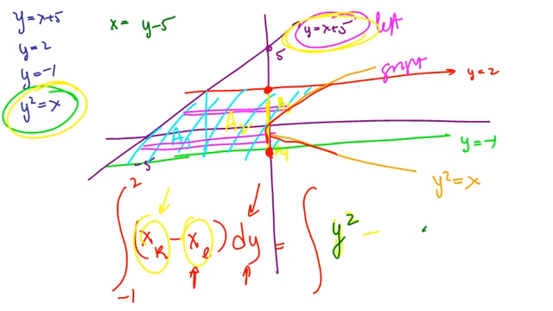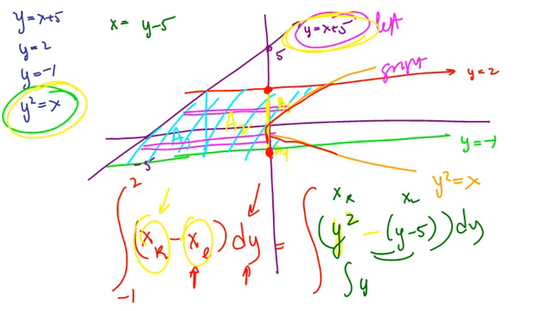Not x minus 5, y minus 5. So here's the right bound, there's the left bound, and we're integrating with respect to y. So I'm going to multiply this negative in, and I'm going from -1 to 2 on the y-axis.